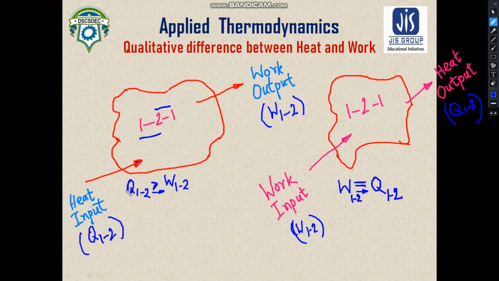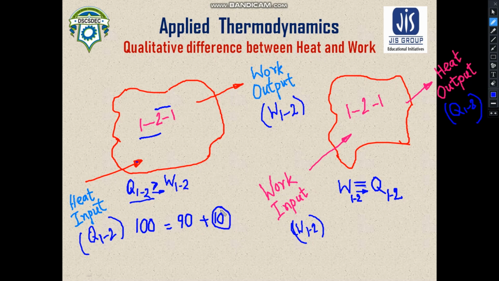So let us assume we have provided 100 joules of heat. Since this Q1 to 2 will always be greater than W1 to 2, let us assume 90 joules of work output we have found. Now the rest of the 10 joules will be rejected. Okay, so this is the heat rejection which we are talking about.